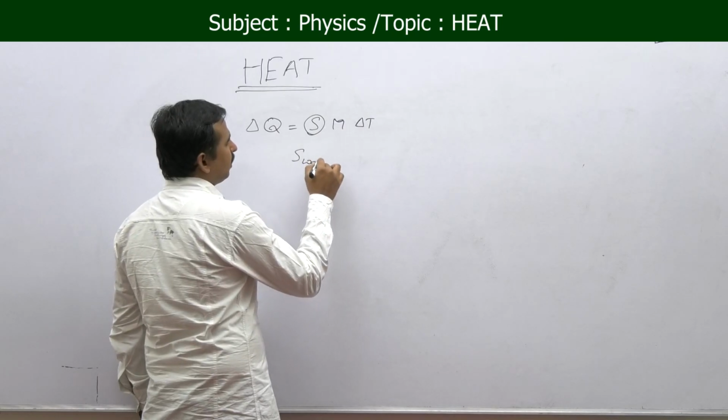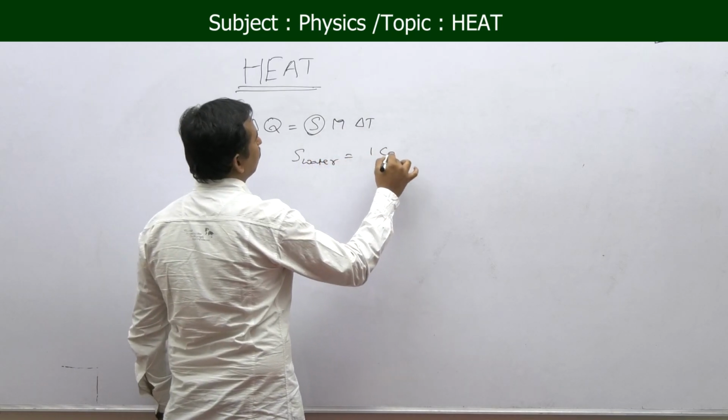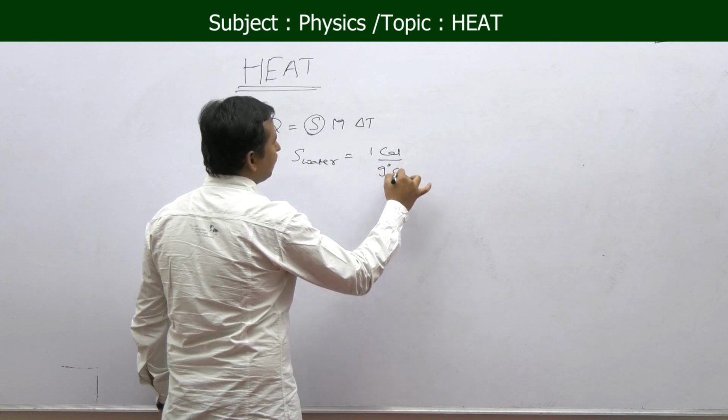For the case of water, as I said, it is about 1 calorie per gram degree Celsius.